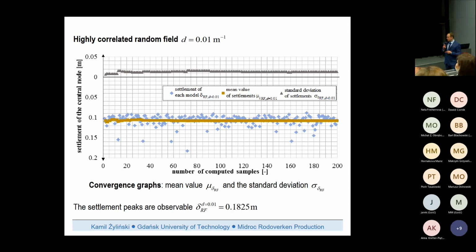And for that, 2,000 samples of the models were calculated using batch processing together with Python and ZSoil, and we can see that the convergence of the results is quite good, even for such a low number of samples.